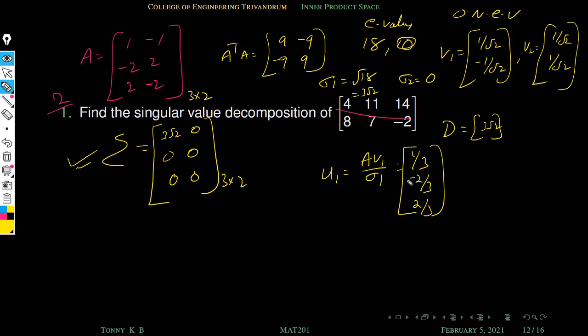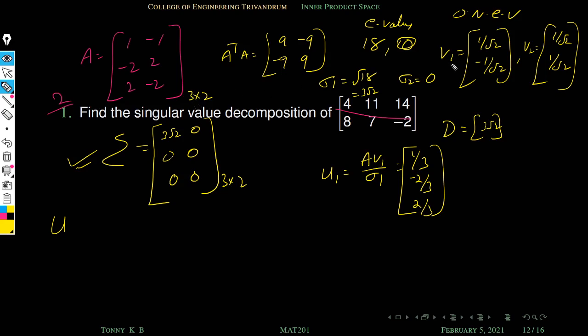We have only one U1, because these Ui are defined corresponding to non-zero singular values, and we have only one non-zero singular value. Then what is the order of U? U should be M by M, and here M is 3.